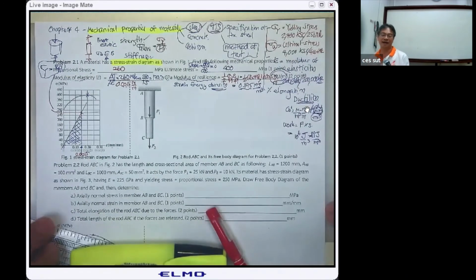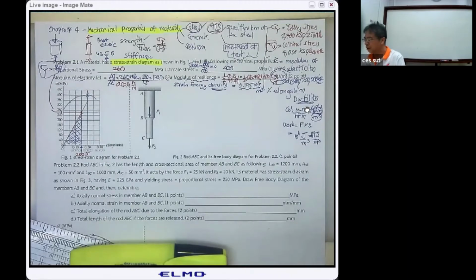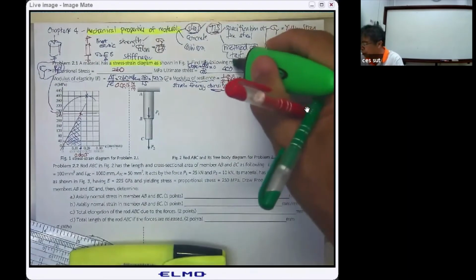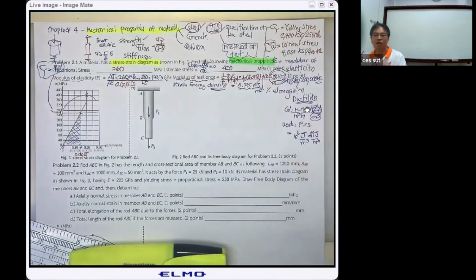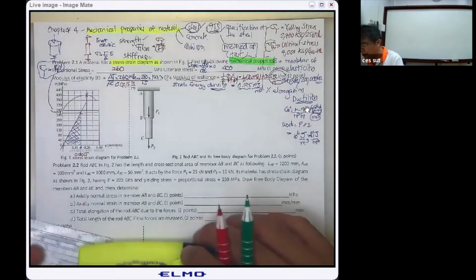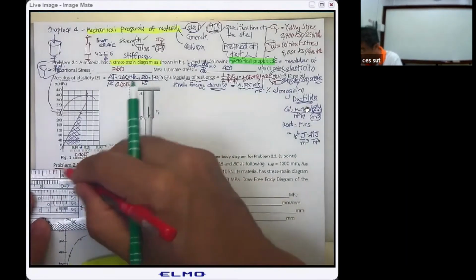Okay, based on this, you have the ability to determine the mechanical properties of the material from the stress strain diagram. This is the review of what we have from the previous lecture. Now, following this, there is problem 2.2.